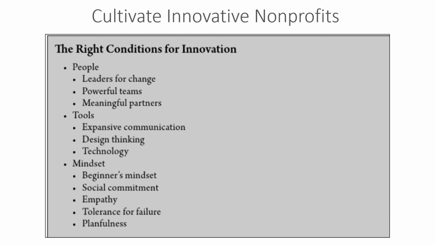The next part of creating or cultivating the right conditions for change has to do with the tools available to you as organizers or social action or social movement activists. So you need to be able to organize your necessary tools for innovation by cultivating multiple communication tools that allow conversations across language, culture, and ability.